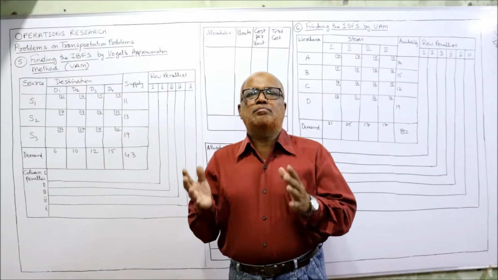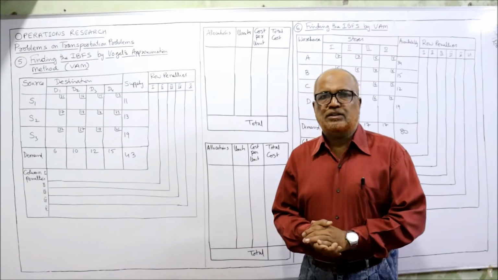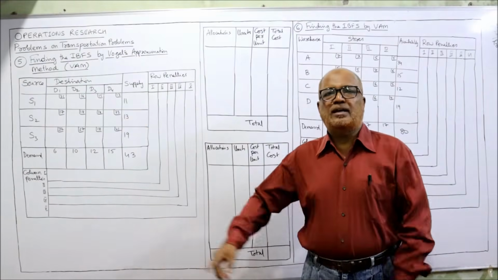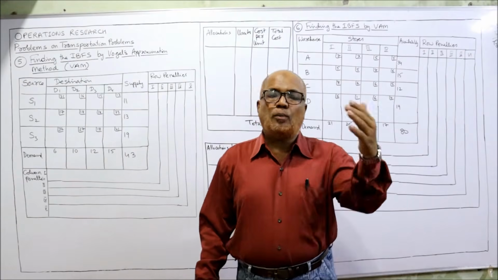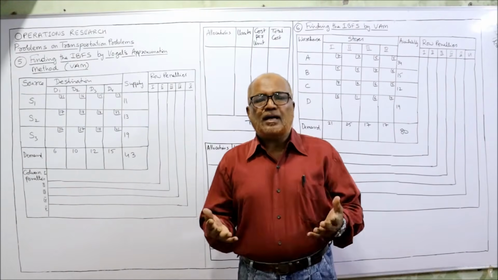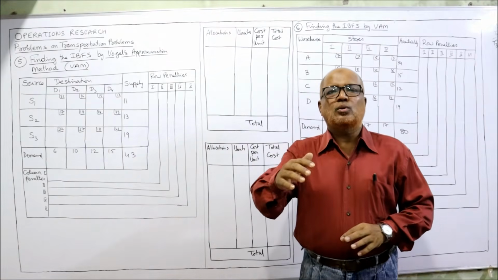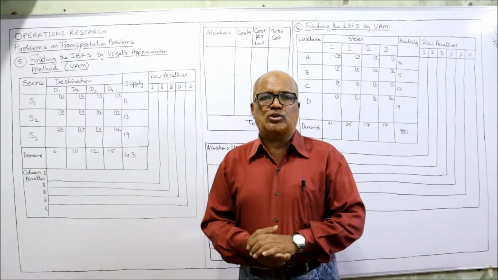Comparatively, VAM is much superior compared to northwest corner and least cost method. Because the IBFS which we get through VAM will be very near to the optimum solution. Many a times IBFS itself will become optimum. Sometimes only one or two tables may require to reach the optimum solution.